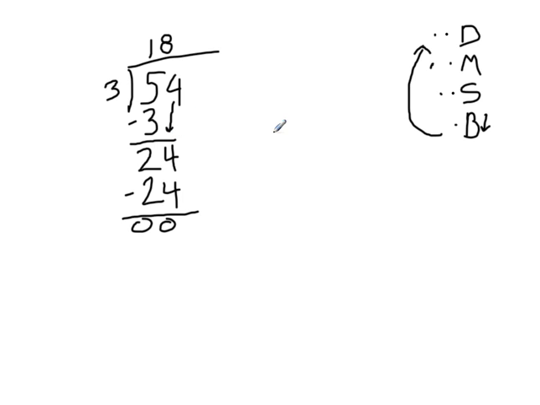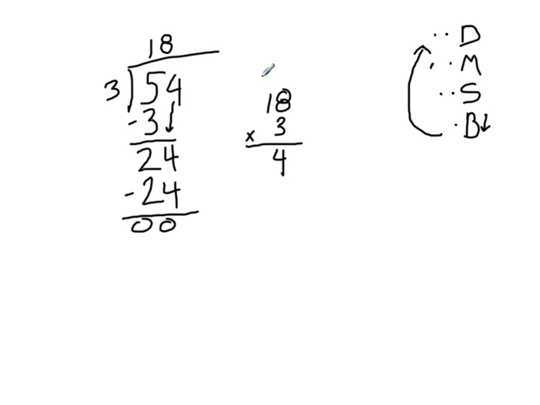So I use the inverse operation to see that I'm correct. So I'm going to multiply 18 by 3. And if I get 54 as the answer, I know that I have divided correctly. So let's try that and see how we did. 18 times 3. So 3 times 8 is 24.